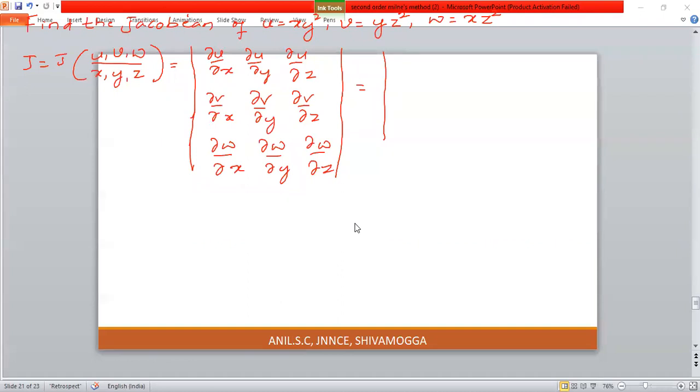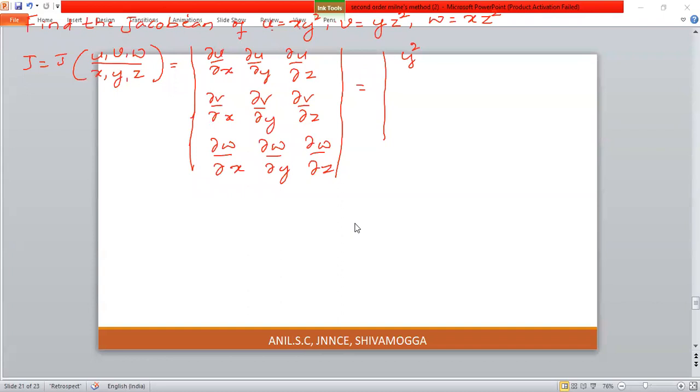Del u by del x means differentiate u partially with respect to x, treating y and z as constants. Therefore, y square is treated as constant, keep it as it is, and the derivative of x with respect to x is 1.